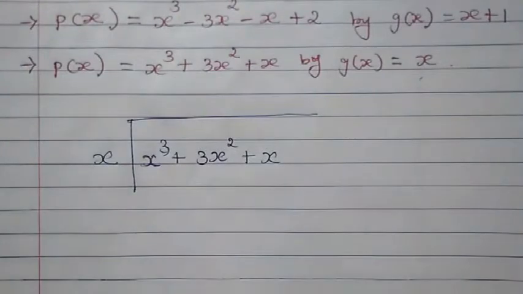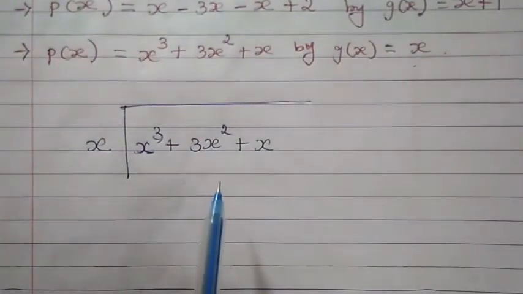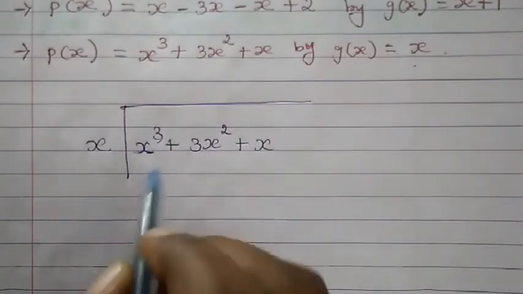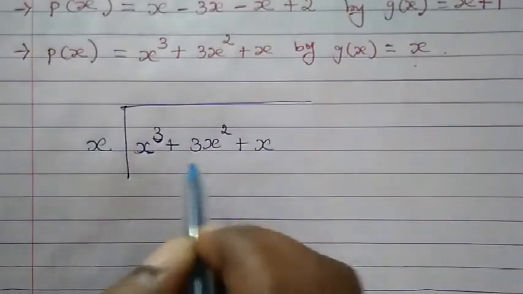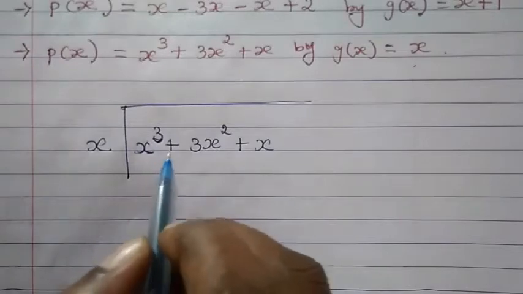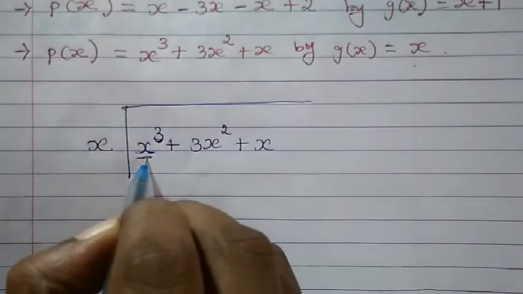So don't worry, but here you have to be very careful with plus and minus. Most of the students make mistakes with plus and minus, so that we have to take care. If you pay attention carefully, then it becomes easy. First what you have to do is take the first term.